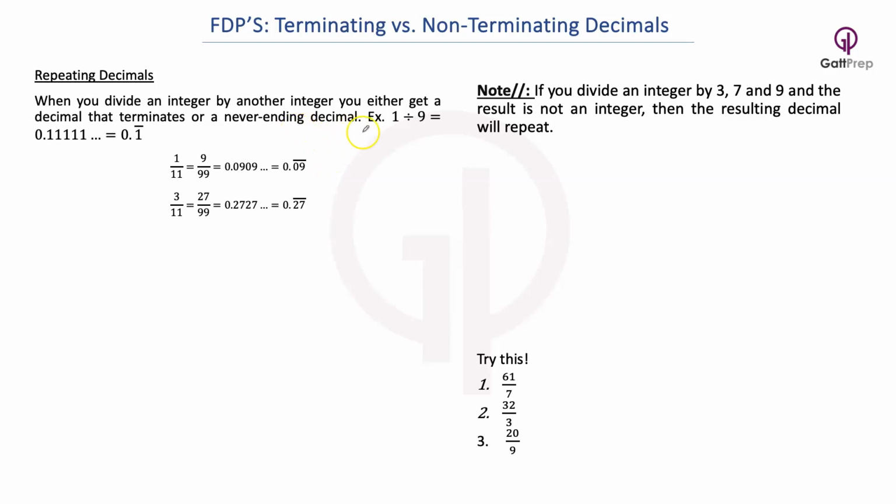Now here we have this example, 1 divided by 9, and this one will yield 0.111111, which is approximately equal to 0.1 bar, and the bar above the digit 1 depicts that 1 repeats itself infinitely. Now there's a pattern for when you divide 1 by 9, and I can show you 2 divided by 9 is what?